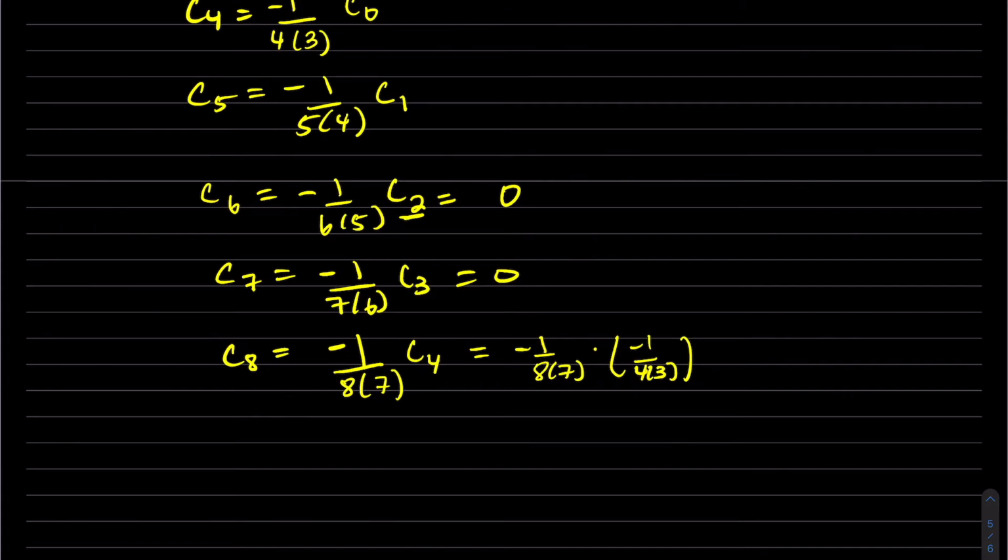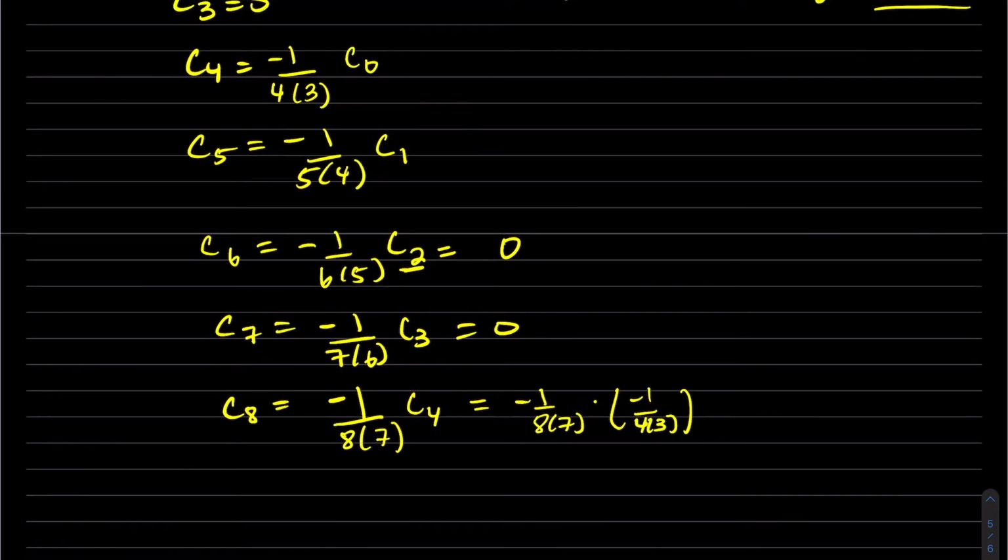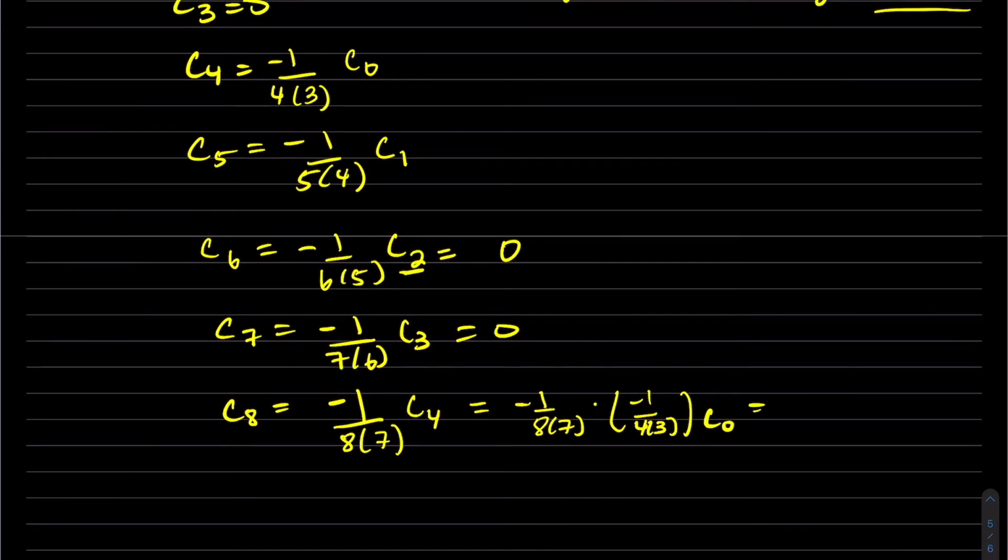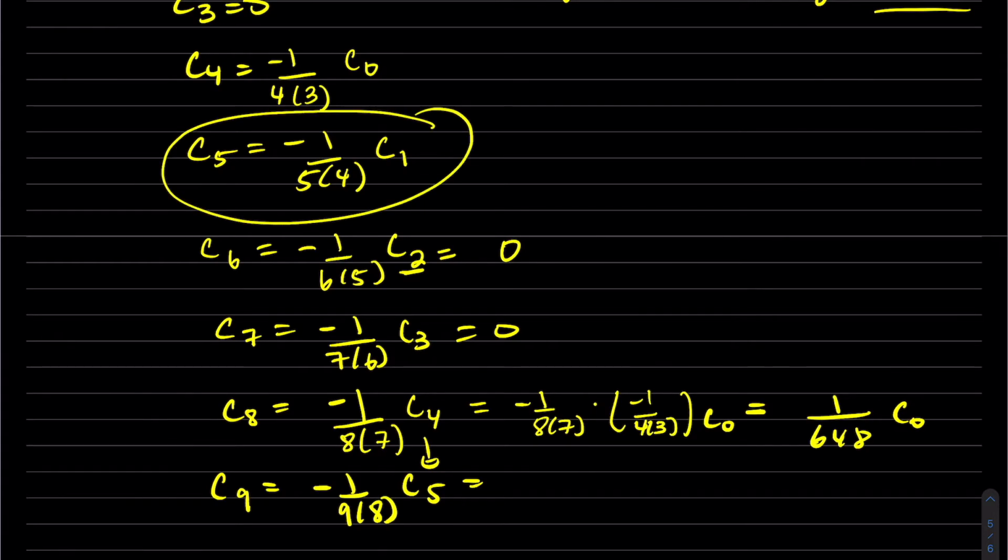I don't see a pattern, so I'm going to go ahead and just multiply this. So that was C4, which is times C0, and that's positive. Then 8 times 7 times 4 times 3, just punch it into the calculator. 56 times 12. So we can start seeing a pattern here, but then we have to go up and replace C5 with that.